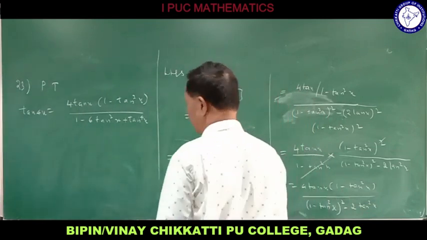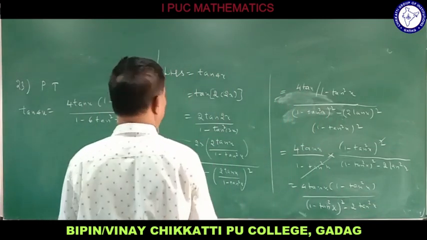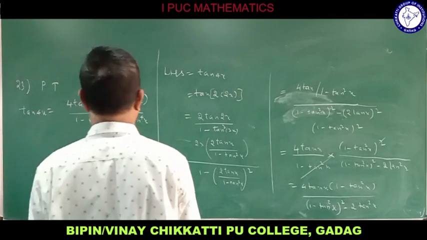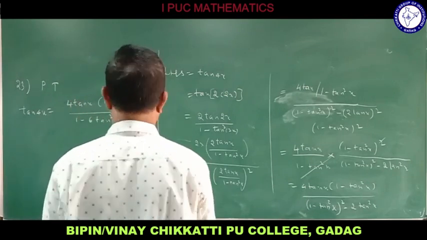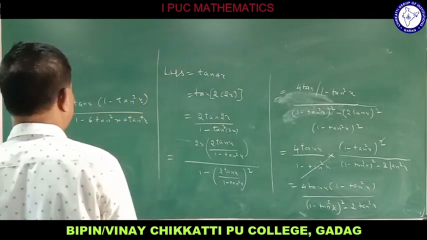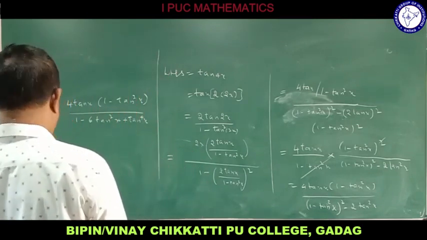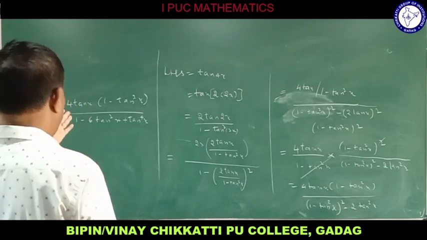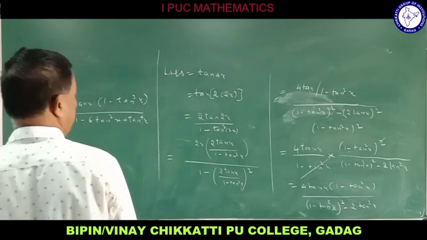So now you have to simplify that. 4 tan x, 1 minus tan square x is there. So the only thing is that you have to simplify the bottom one, and accordingly you can see the result. So how to prove this? The above portion is the same, 4 tan x into 1 minus tan square x.